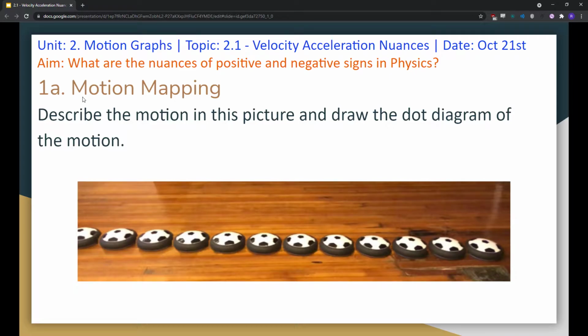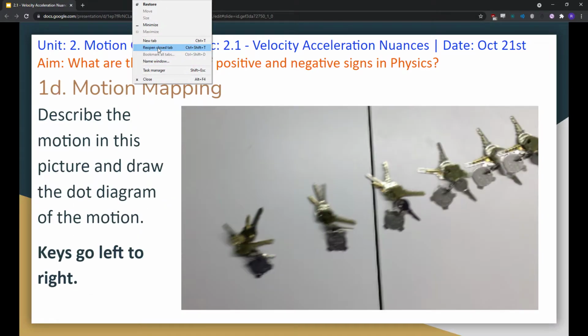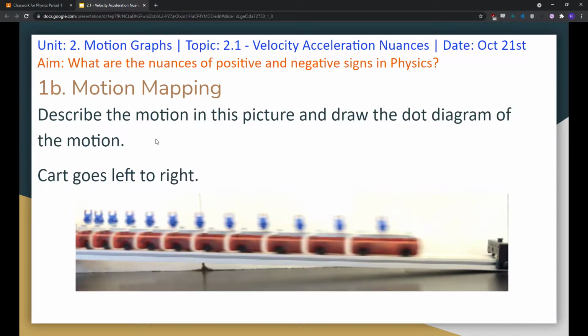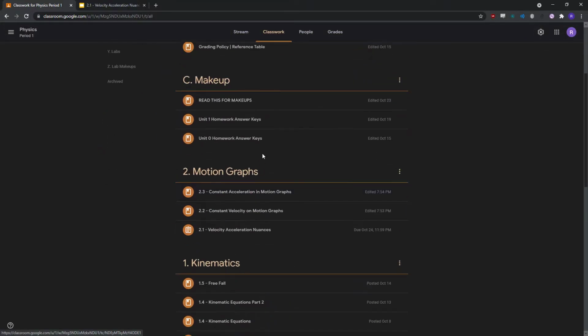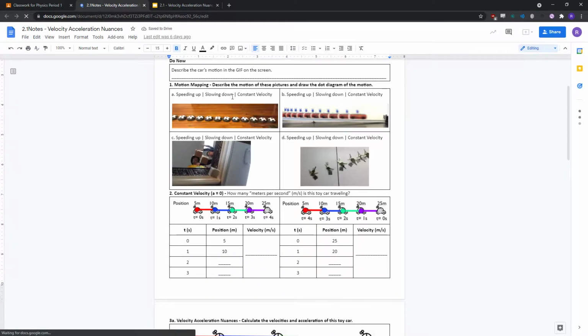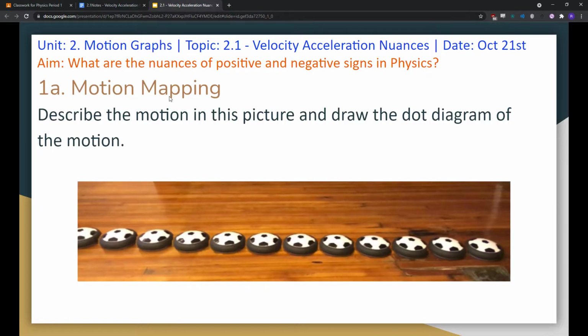Now, on your notes, you do have a space to circle it. I ask you on your notes to describe the motion in this picture and to draw a dot diagram of the motion. First, we're just going to describe the motion of this object.